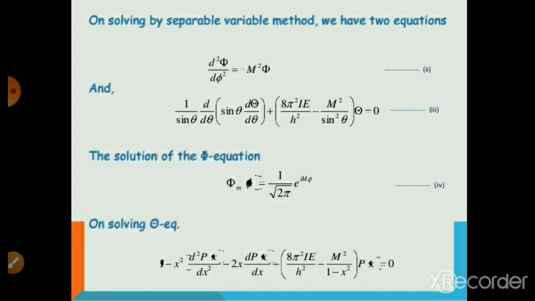The solution of the phi equation is phi m is equal to 1 by root 2 pi e to the power i m phi. On solving the theta equation, we will get 1 minus x square d square P by d x square minus 2x dP by dx plus 8 pi square I E by h square minus m square by 1 minus x square times P is equal to 0.